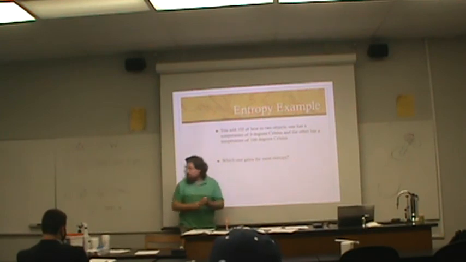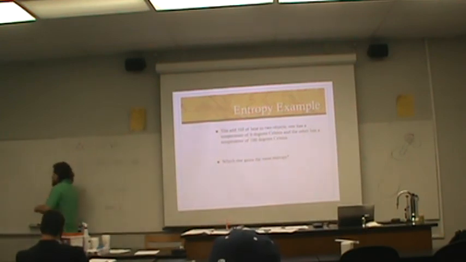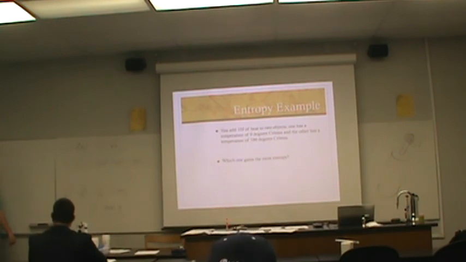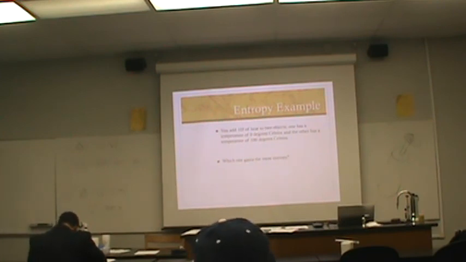Let's place all the markers. So, delta Q divided by temperature. We're adding 10 joules to both objects. The 0 degree Celsius object, how many Kelvin would that be?